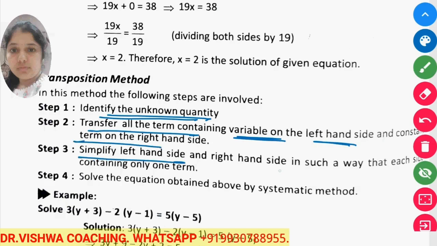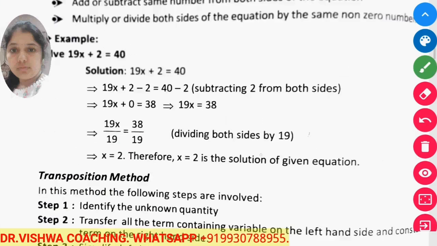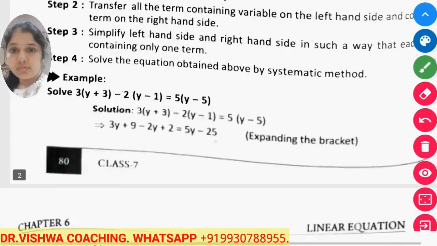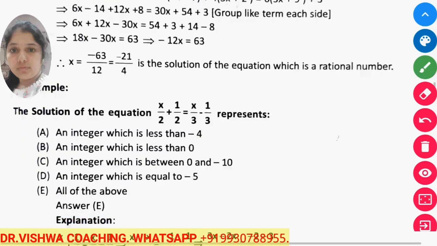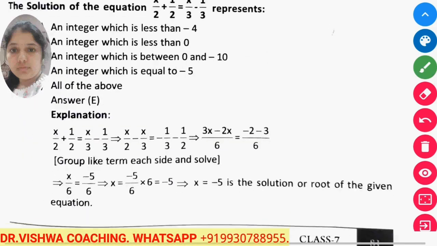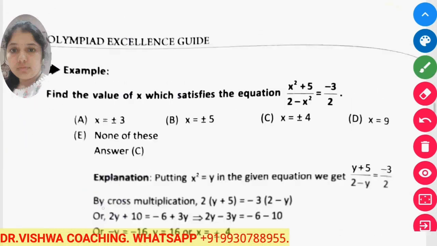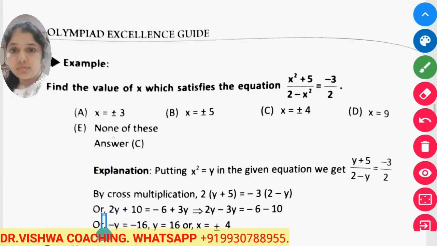Now simplify the left hand side and right hand side in such a way that each side contains only one term, and now solve the equation obtained above by the systematic method. So these are the steps to solve the linear equation. Now we will directly solve the exercise so that we can understand the concept in a better way.